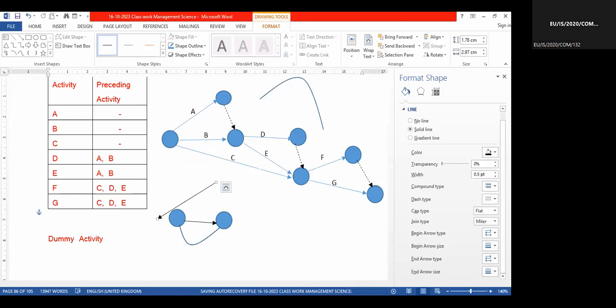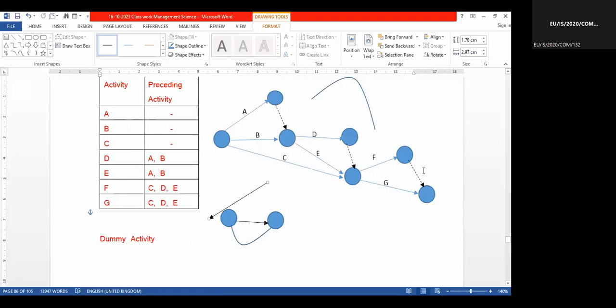Then I can draw this way, or the other way around, I can draw like this also. I make this arrow a small one. I can draw the dummy like this from here to there.